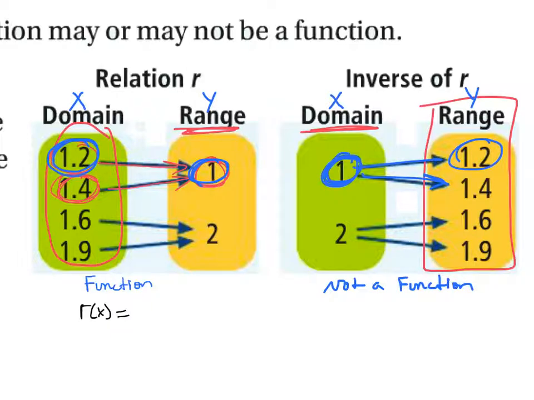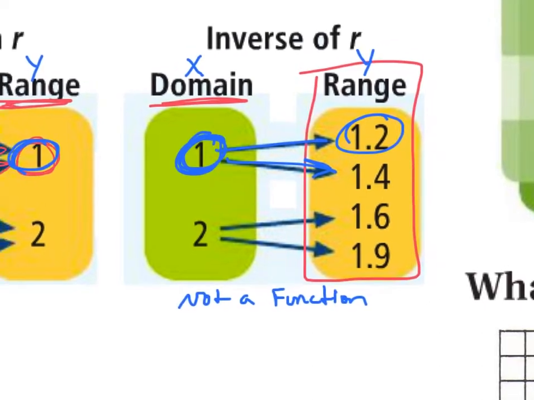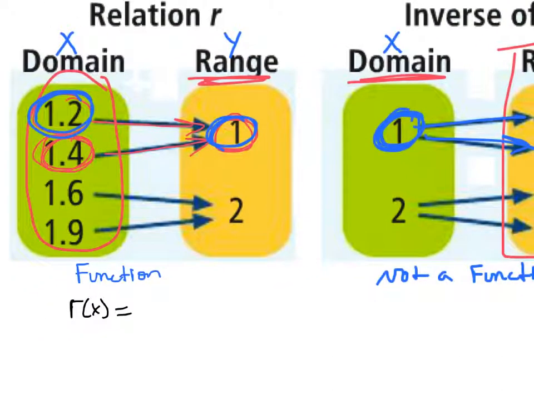Here is the inverse notation. If I want to write, knowing that I have the inverse of a function, I would say the inverse of function r is written this way: r to the negative 1 power of x.